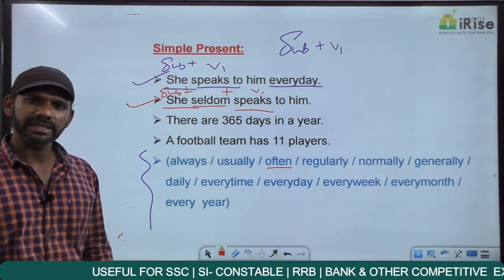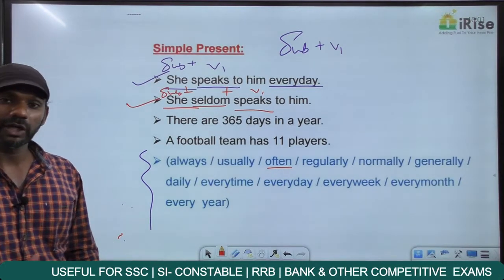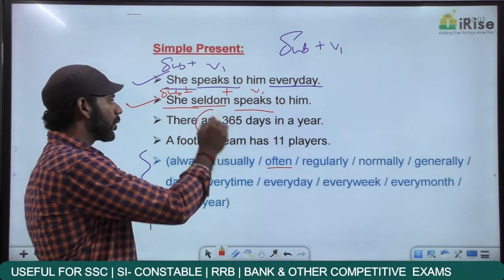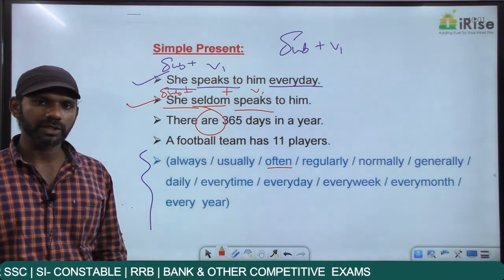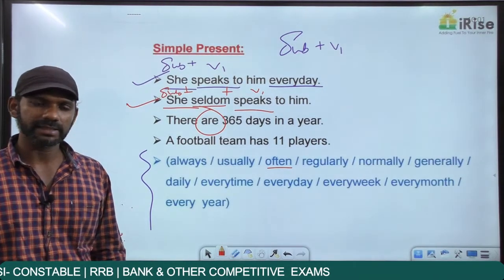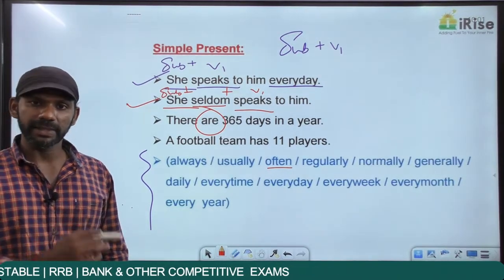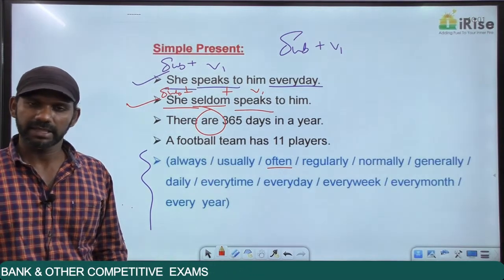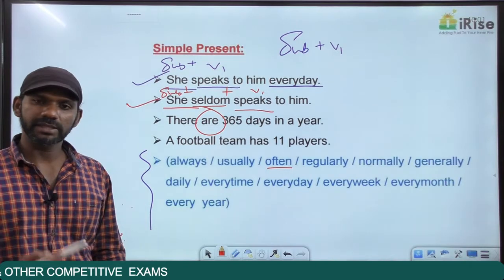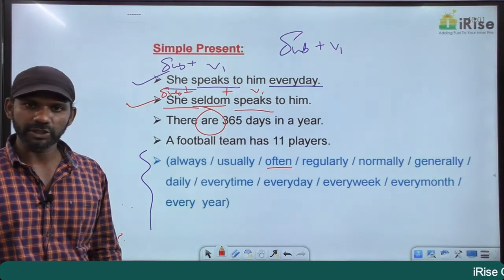It is in the present tense. Yes, because are comes only in the present tense. Are will not come in the past tense or future tense. Are comes only in the present tense. So this sentence is in the present tense and it must be in one of the four categories of present tense: simple present, present continuous, present perfect or present perfect continuous.